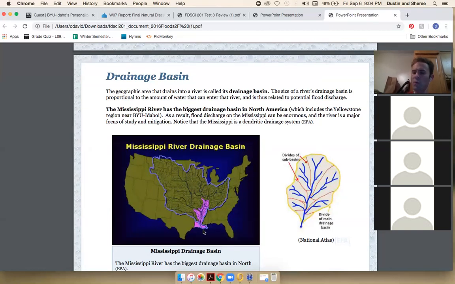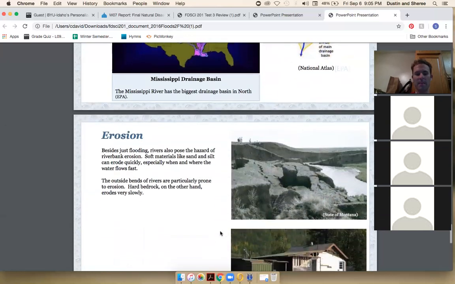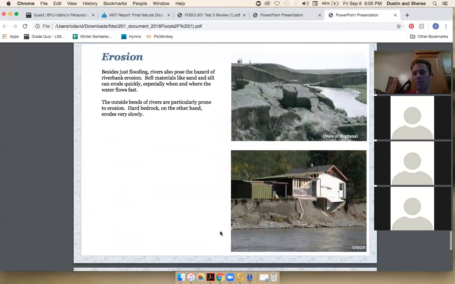And that has a really important implication for flooding. Right here, you can get heavy snowfall in Montana that can cause flooding in Nebraska, because this can melt, and all this water in Montana, Wyoming, Colorado can then get into Nebraska, fill up these channels, and flood.